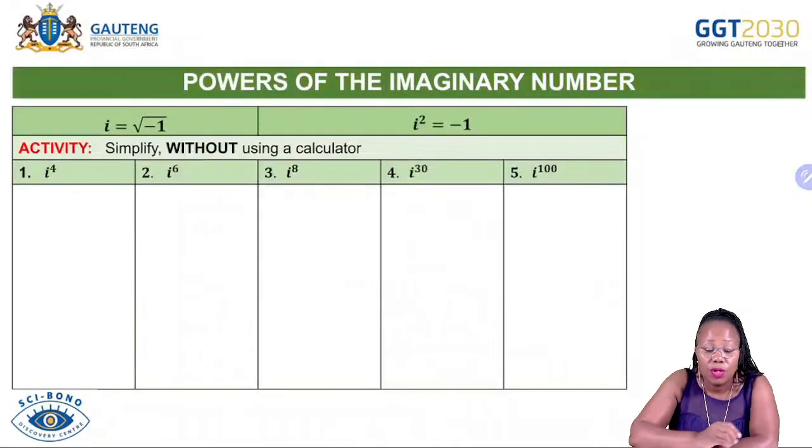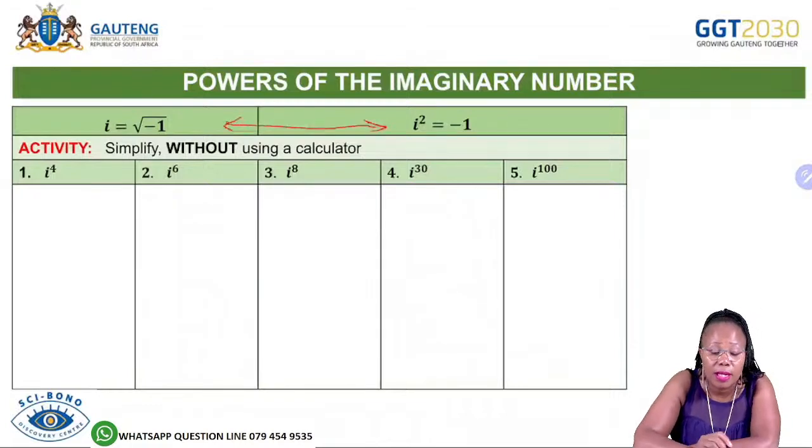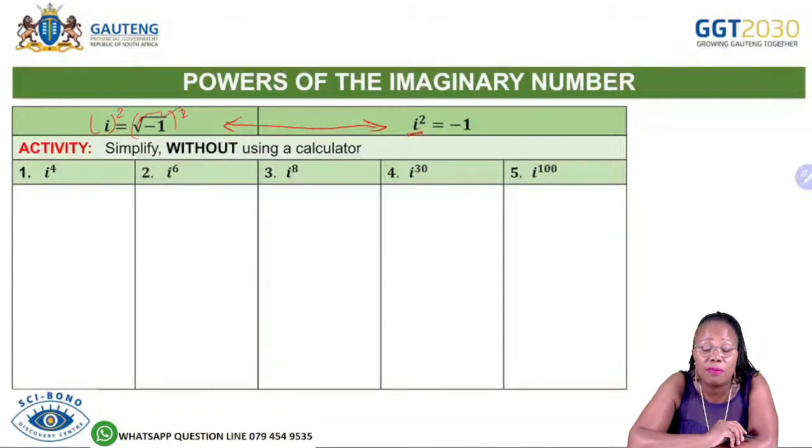Moving on to the next activity, here we are elaborating more on the square root of a negative number and the i squared, that is equal to minus 1. Remember, we can go this way or backwards, because if we square both sides here, we'll end up with an i squared, and on the right hand side the 2 will cancel the square root sign, then you have a minus 1.